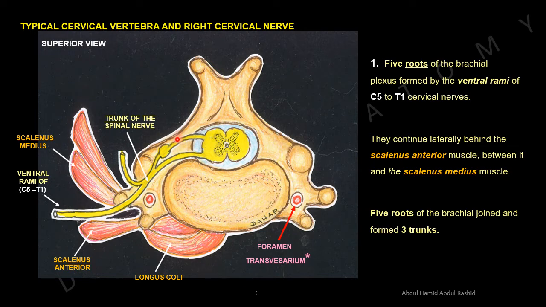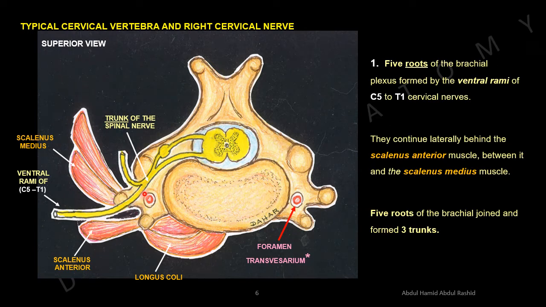Dorsal root of the spinal nerve has dorsal root ganglia. These 2 roots of the spinal nerve join and form trunk of the spinal nerve. This will split or divide into 2 branches. The one behind is posterior or dorsal ramus, and this is anterior or ventral ramus of the spinal nerve.